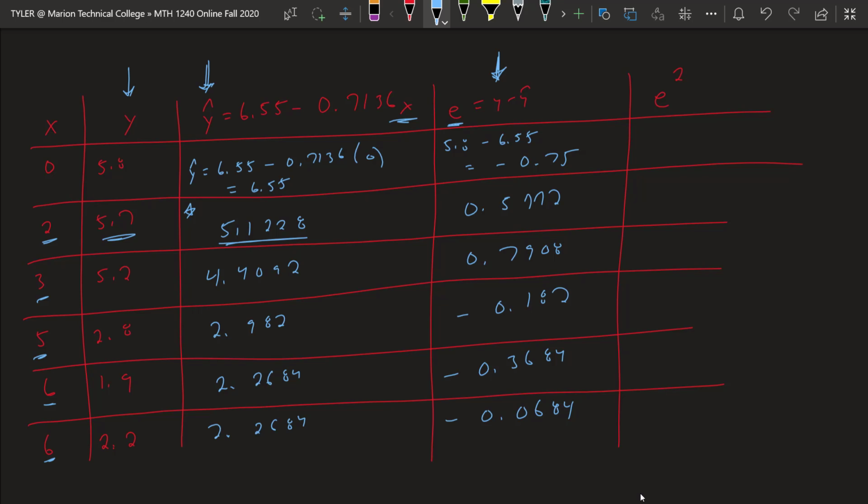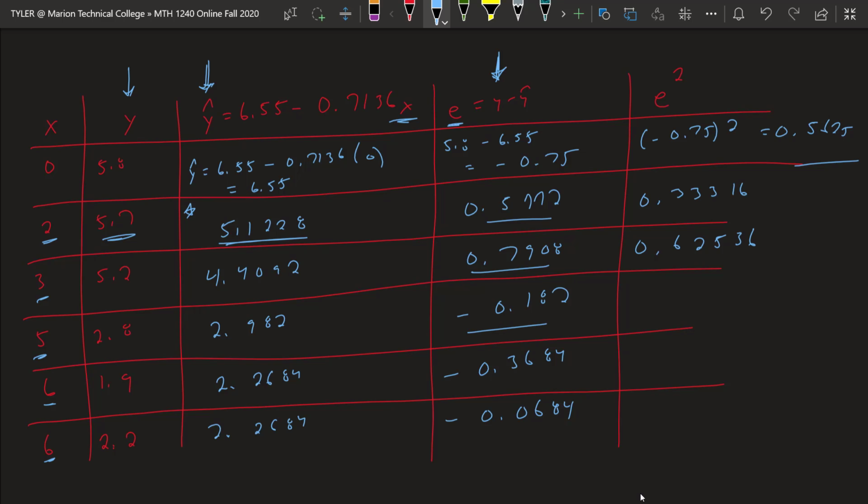To find the e squared, for the first one, you would take negative 0.75 quantity squared, which gives you 0.5625. Right, then take this number squared, you get 0.33316, and then take this number squared, you get 0.62536.